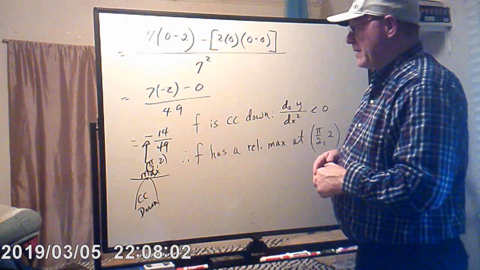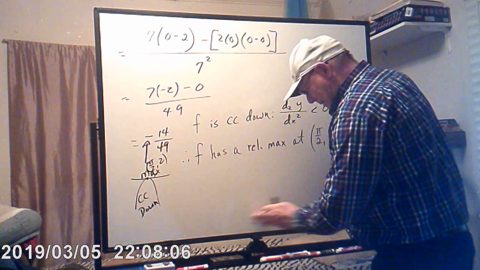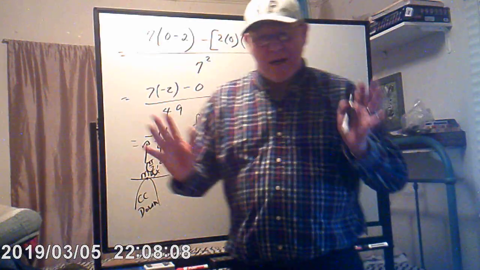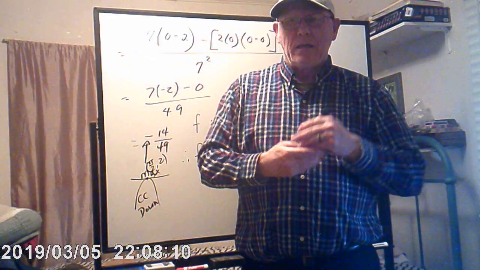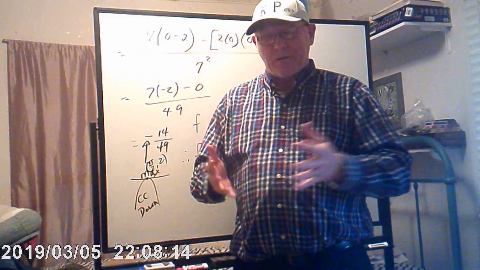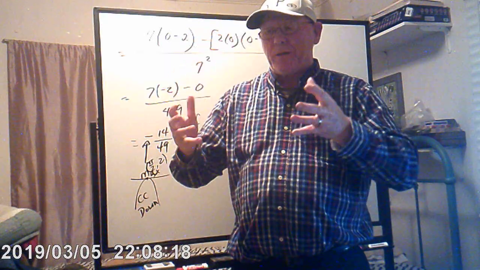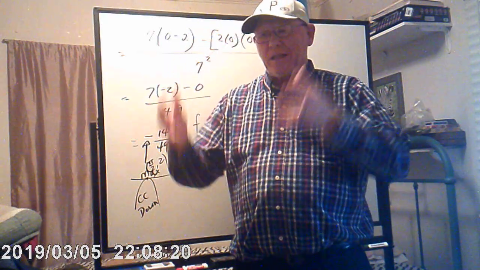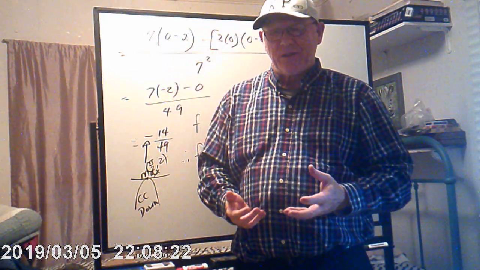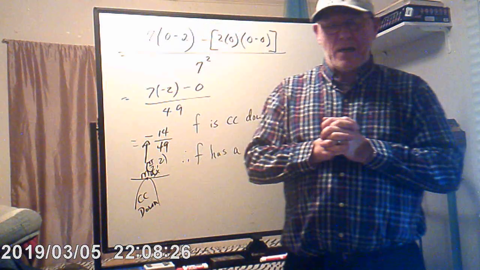That's it. So what you need to recognize in this video, if I had to give a title to this video, is interpretation of the first and second derivative relative to maxes and mins.